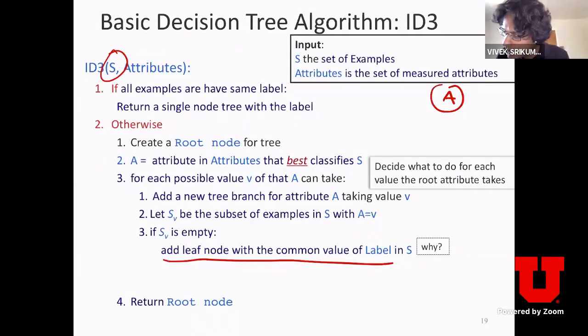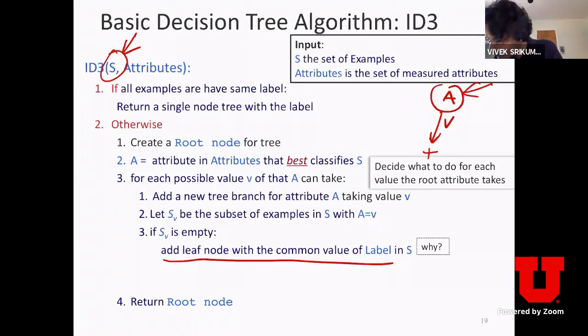So if I have taken the feature A and there's a value V, and at this point, there is no example here. What we do then is we look at the original set of examples, and let's say the most common label there was plus, we just say plus. This is like the green triangles case. If the most common label for that particular feature value was B, we would have just said B.